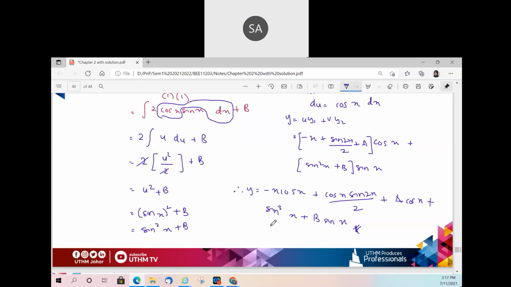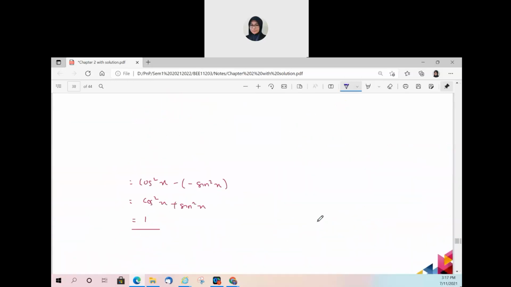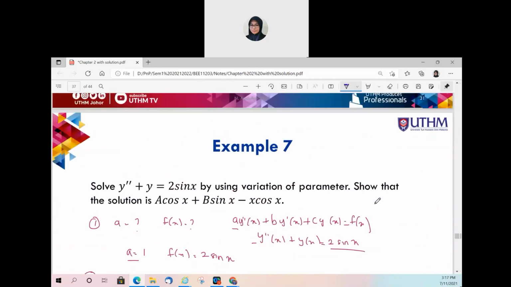Okay, so if there are none, actually you have reached here and the question is not finished yet. The question says show that the solution is a cos x plus b sin x minus x cos x.